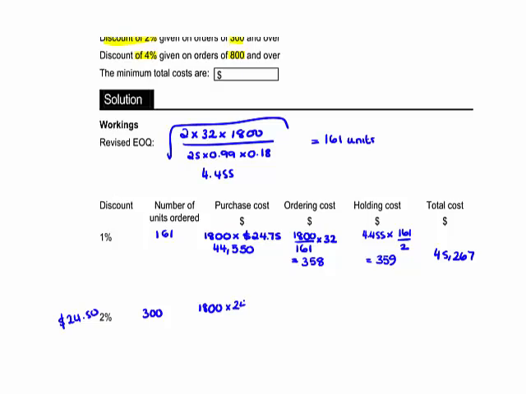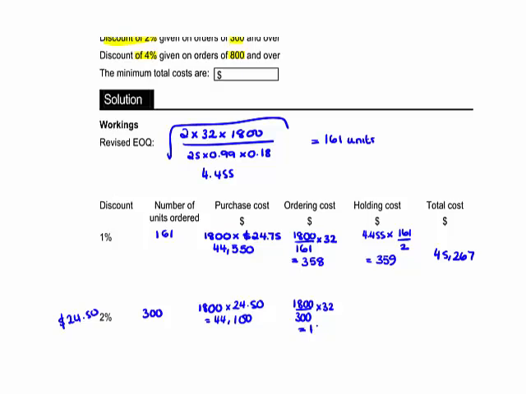So the purchase price is going to fall, and I'm going to end up with a purchase cost of $44,100. Ordering cost is also going to fall because I'm going to be ordering fewer units. So I'm only going to be making 6 orders.